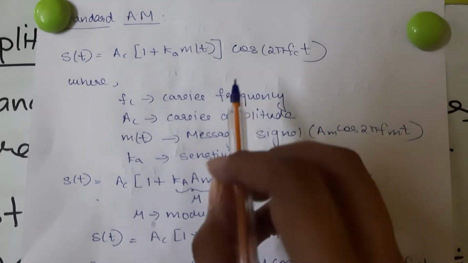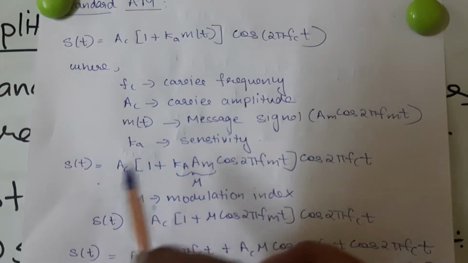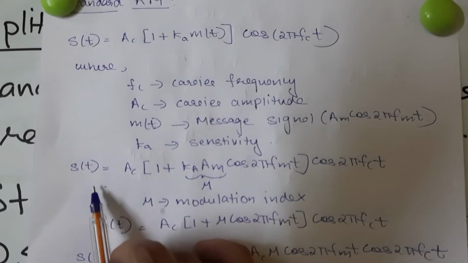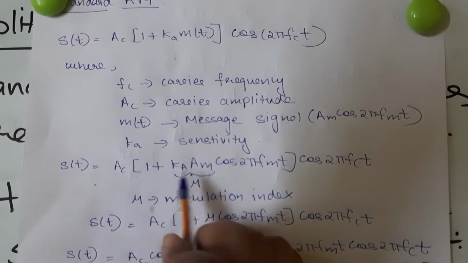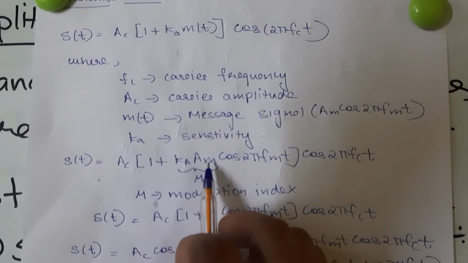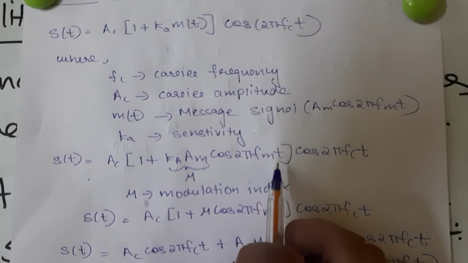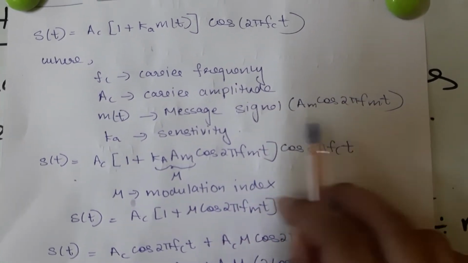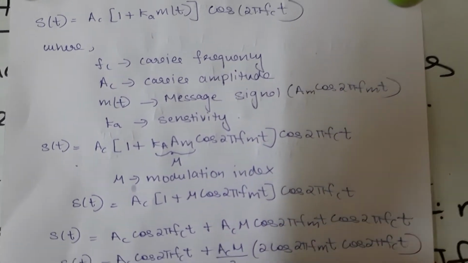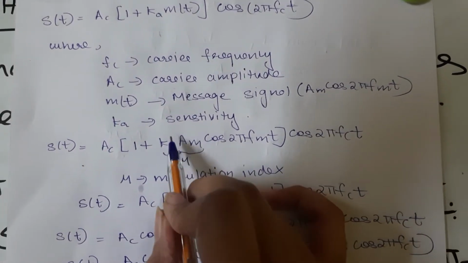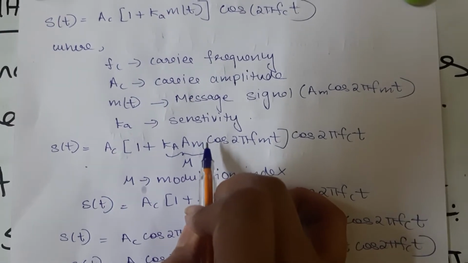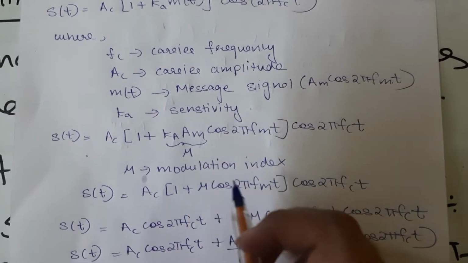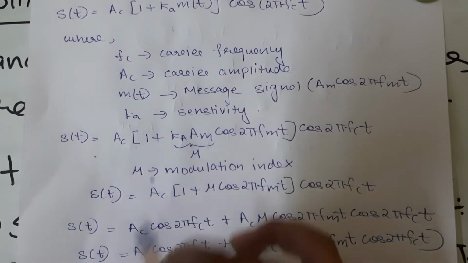Now let me expand m of t and write it again. So s of t will be Ac into 1 plus Ka into Am cos 2 pi fm t into cos 2 pi fc t. Now when I multiply the sensitivity Ka with Am, which is nothing but the amplitude of the message signal, I will get the modulation index.